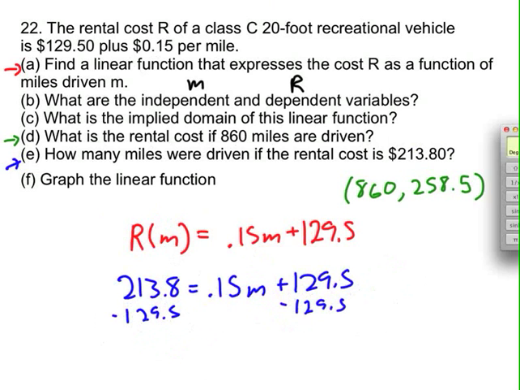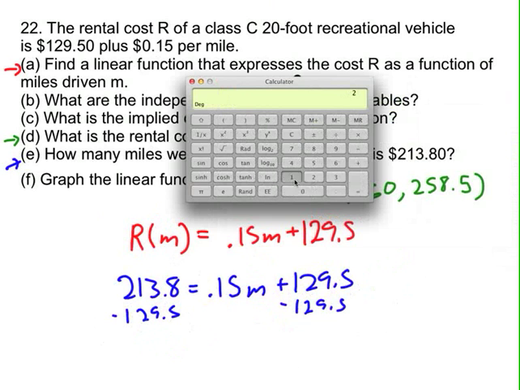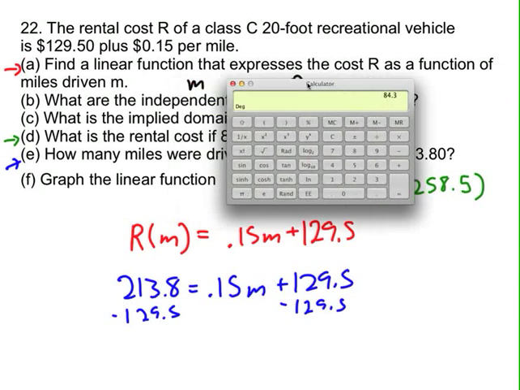And we're going to end up getting 213.8 subtract 129.5, which is 84.3.